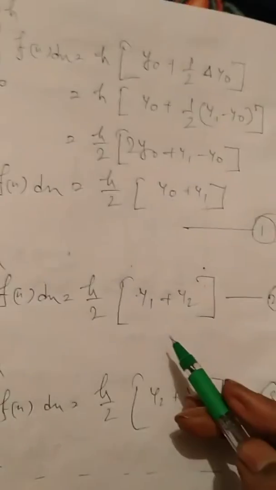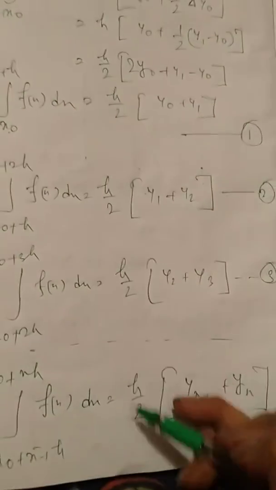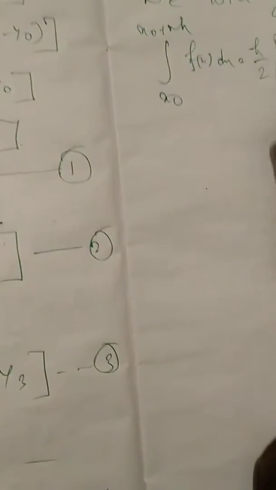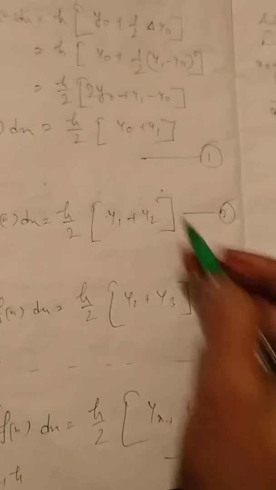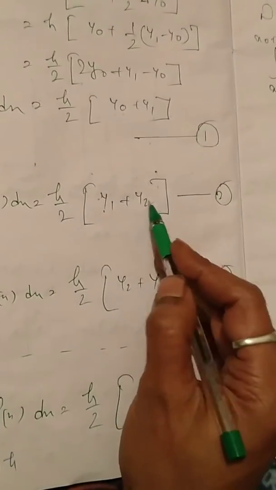Here in equation number 1 and in all the intervals, the right side has h by 2, so h by 2 is common. Now see y0, then y1, in the next part y1 plus y2, next part y2 plus y3, and the last part yn.